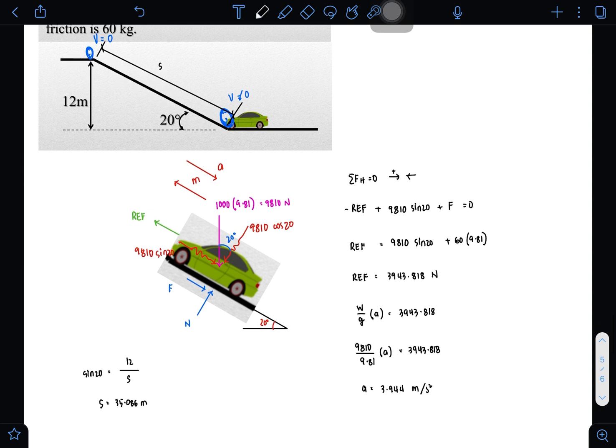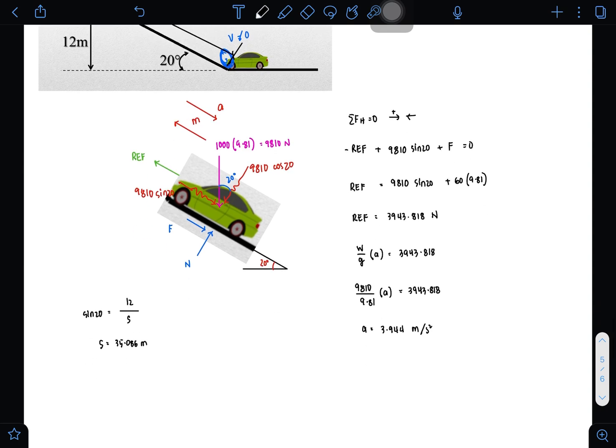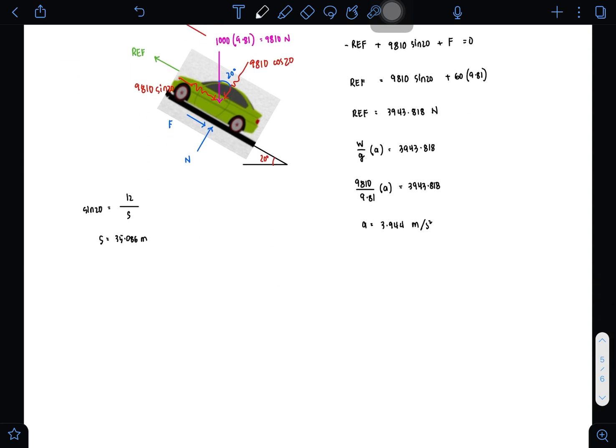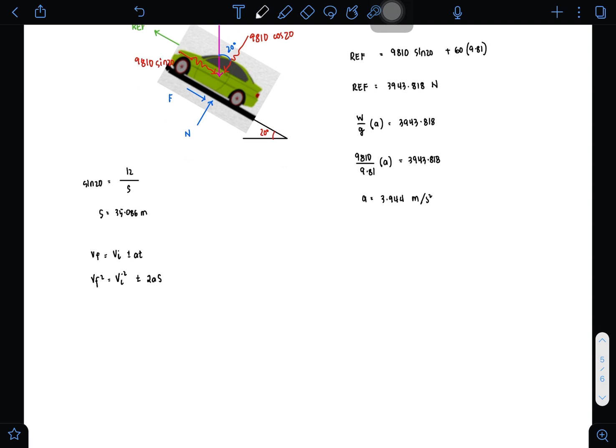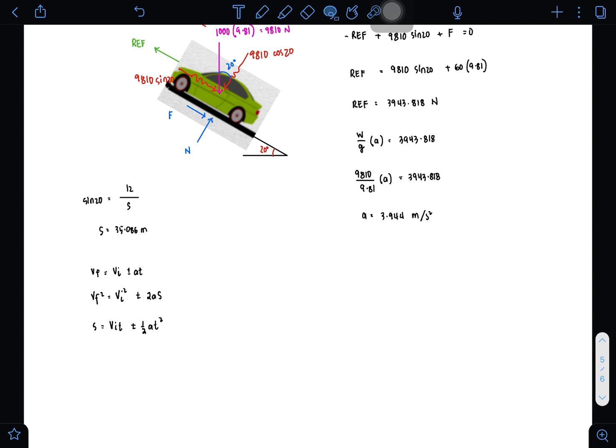So from here, we can now find the initial velocity. So there are three equations. The final velocity equal to the initial velocity plus or minus acceleration times time. We have final velocity squared equal to the initial velocity squared plus or minus twice the acceleration times the distance. Then we have the distance equal to the initial velocity times time plus or minus 1/2 of the acceleration times the square of time. Okay, so we're gonna solve using the second one, as we are finding the velocity of approach, meaning we're gonna find the initial velocity.